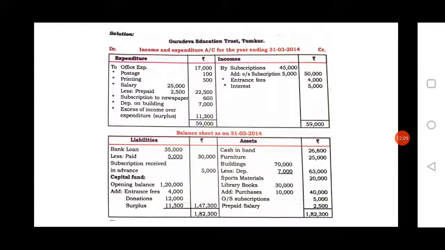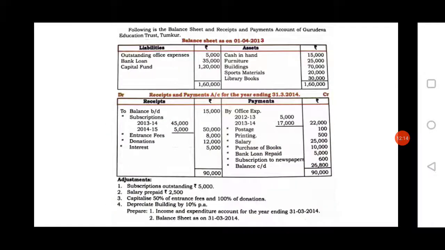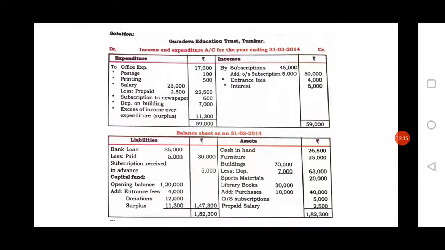Next, the donation full amount is considered a capital item. No other capital item. Next, you have to add the surplus which we got from the income and expenditure account. Then if you add these, you will get 1,47,300. Here there are no other assets and liabilities. Here both sides tallied, 1,82,300. Thank you.